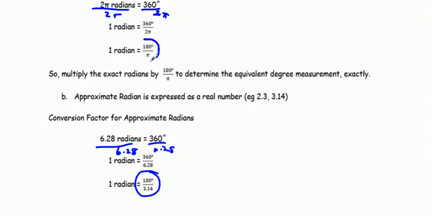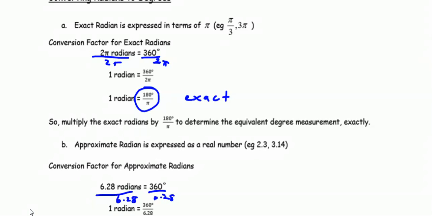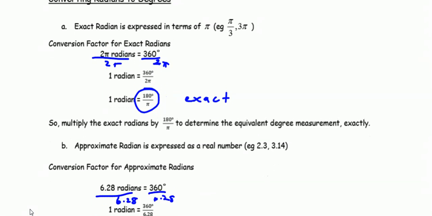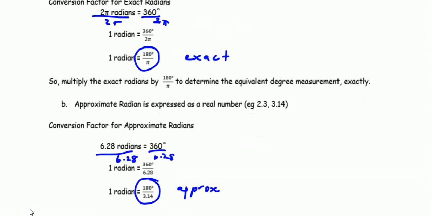These are very similar. This is exact because it's in terms of pi. This is not exact. This is approximate because it's using 3.14. So if we were converting from radians into degrees, depending on whether we want an exact answer or an approximate answer, we might use one or the other.